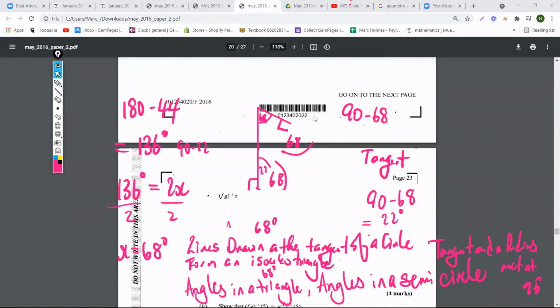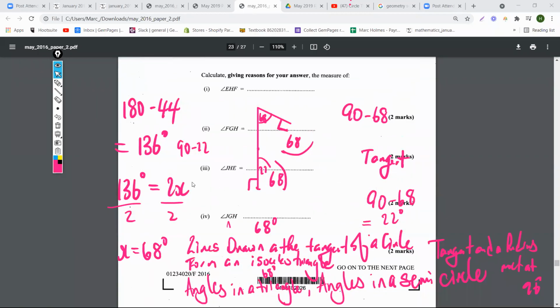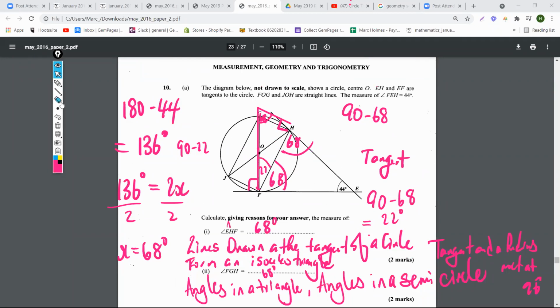But what else are they asking us for in this question? Let's double check. JGH. So let's rub this out for a second, guys, and try to find J to G to H. I think that's 90 degrees, don't you? It looks like 90 degrees to me.